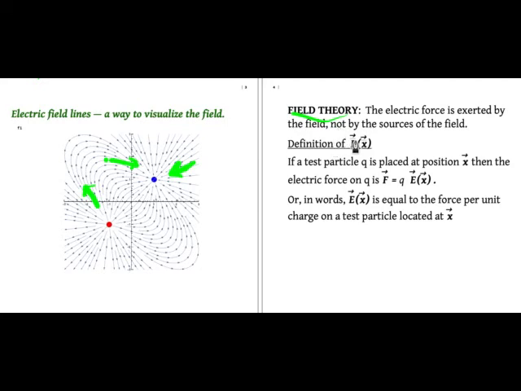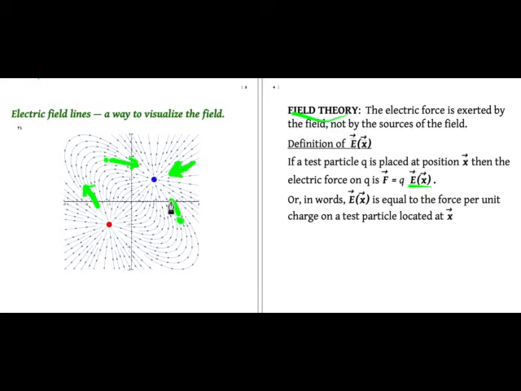Now, the definition of the electric field is that if a test charge Q is placed at a position X, then the electric force on Q is Q times E of X. This is the definition of E of X. If I put a test charge someplace, let's say I put a test charge here, and I observe its force, perhaps by watching its acceleration, I'll know the force that's acting on it.